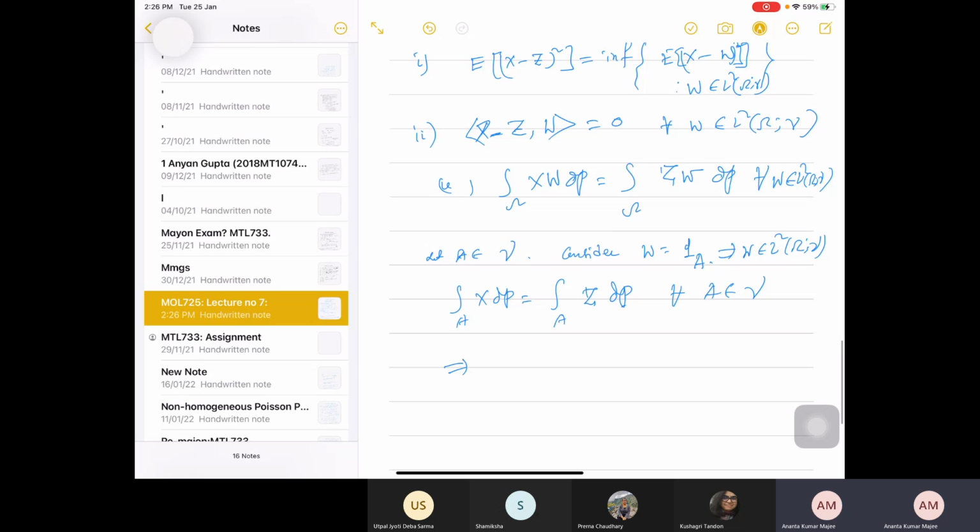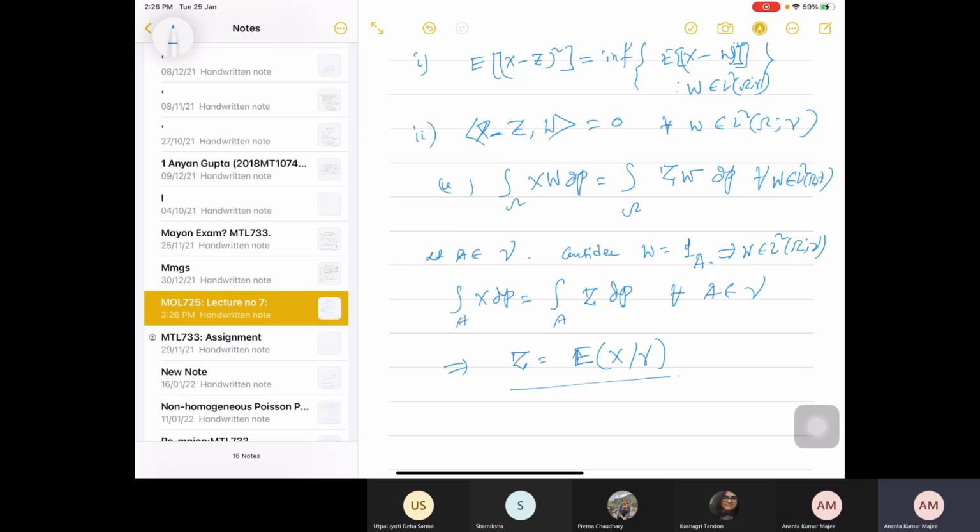So this implies, by definition, z is nothing but what? z is nothing but the conditional expectation of x given nu, by definition. And also it is unique, already we have proved it. So what we have seen from here is that the conditional expectation of x given nu is nothing but the projection, the least square approximation.